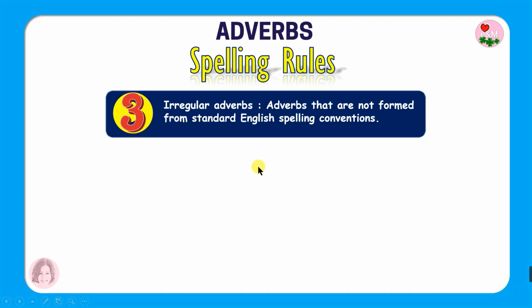However, there are some irregular adverbs. Adverbs that are not formed from standard English spelling conventions. That means they are not formed by adding any suffix. They are formed either by using new words or remain unchanged.